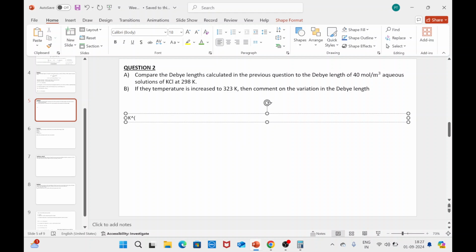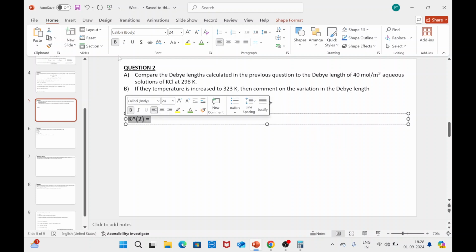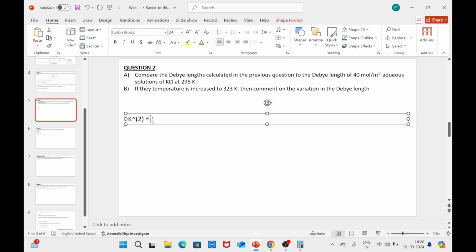So kappa square again. Here I am not going to put that expression. Since it's written aqueous solution, I'm going to take the dielectric constant of KCl solution to be 78.4, same as that of water.